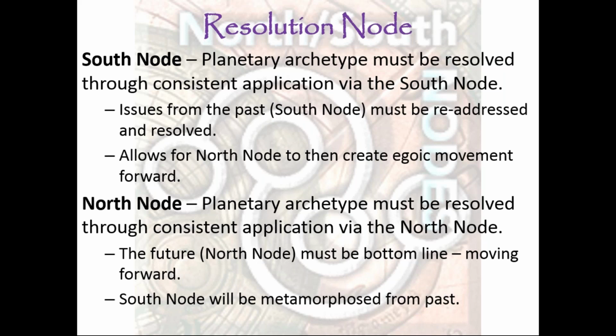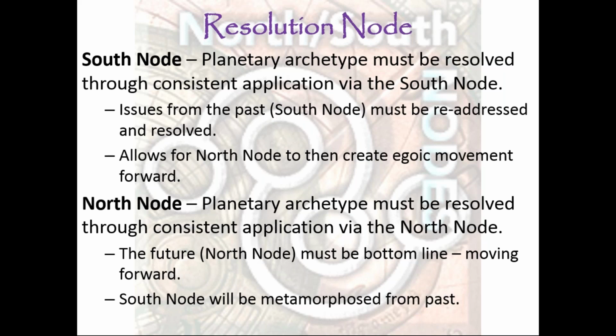That means we've got to go back to the past, and we've got to redo it, readdress it. We've got to go clean up something from the past. And as we do that, then it will allow the North Node to eventually move forward.